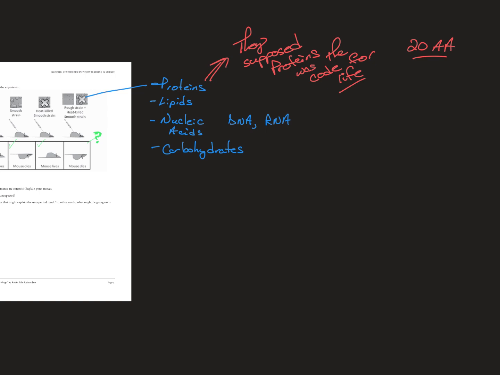Where in DNA and RNA, you only have 4 different DNA, and you only have 4 different RNA. So you only have 4 letters to write a really long code.